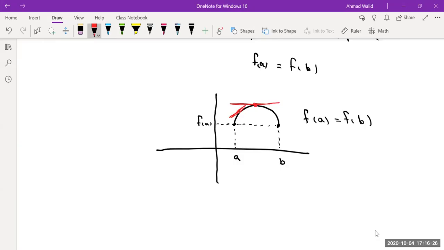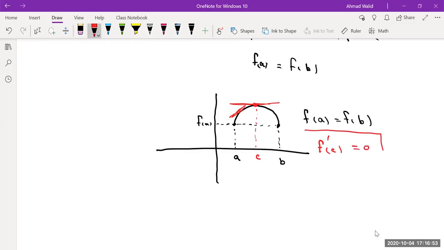There is a horizontal tangent line, because we know the slope of a horizontal line is zero. Then definitely your curve has a horizontal tangent, or there is a point such that f prime C, if I name this point C, correct? F prime C is equal to what?